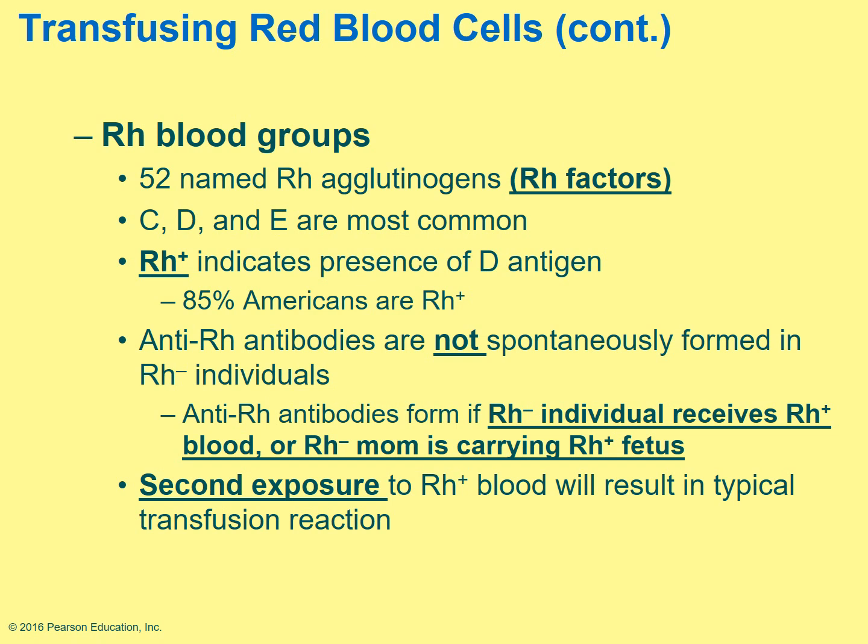The first exposure is not going to cause a problem. It is any second and subsequent exposure to Rh positive blood where you will have a reaction, and that's where the problem comes in. So if a person, that 15% of the population that is Rh negative, has never had a blood transfusion, never been exposed to Rh positive blood, nothing's going to happen if they get it.